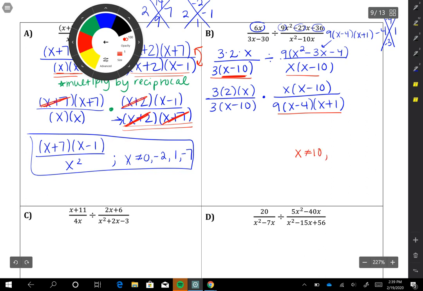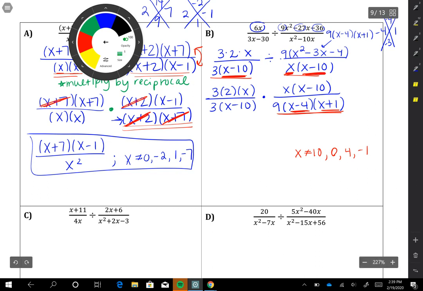In my second denominator, I have x and x minus 10. Well, that shows up again, so I've already covered 10, but this also brings me the excluded value of 0. Now looking at my third one, the only variable factors I have are x minus 4 and x plus 1, which give me the excluded values of 4 and -1.